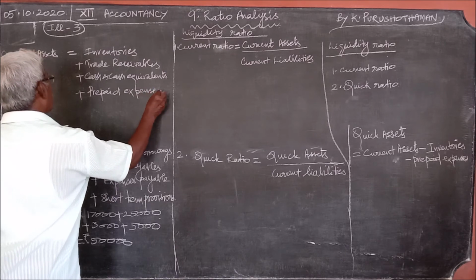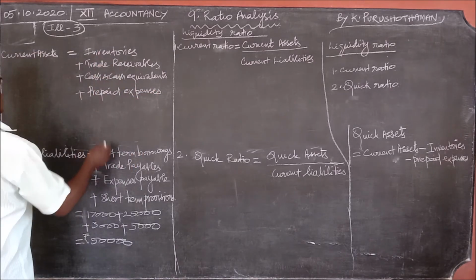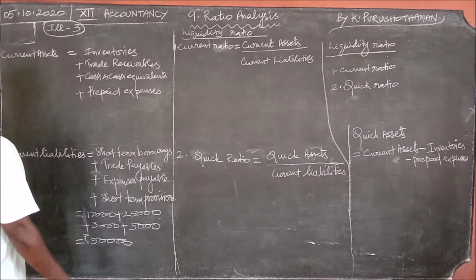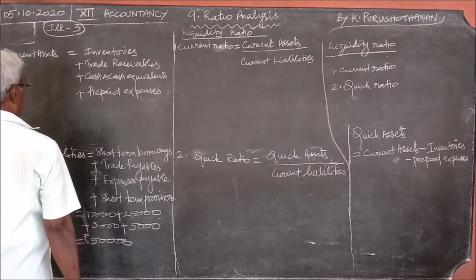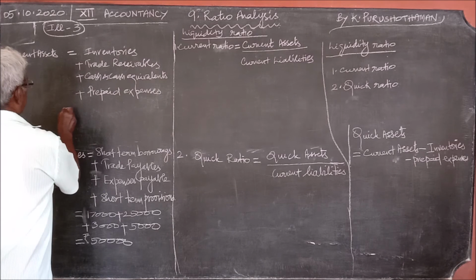Almost in most of the problems, only these 4 items appear as current assets. These are the 4 items appearing under current liabilities. You can find it easily.